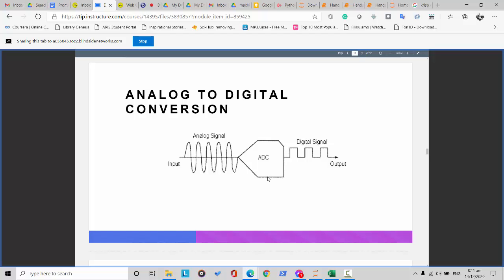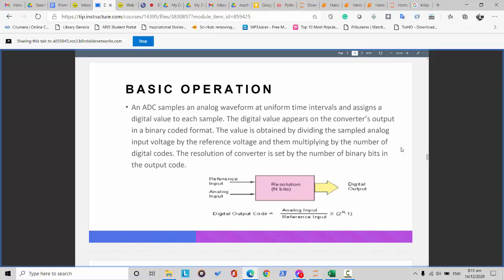And then after the sampling, we need the holding, to produce a stair step of the analog signal. So we call it now a digital signal. So this is the basic operation of an analog to digital conversion.